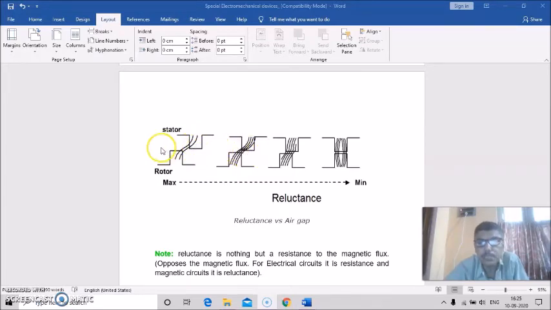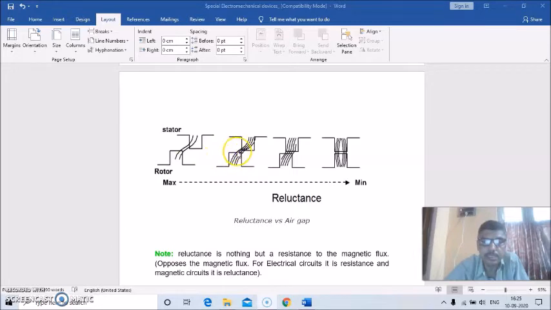If the rotor moves in this way, the reluctance will be minimum. As the rotor moves, the reluctance is reducing as per the rotor position.